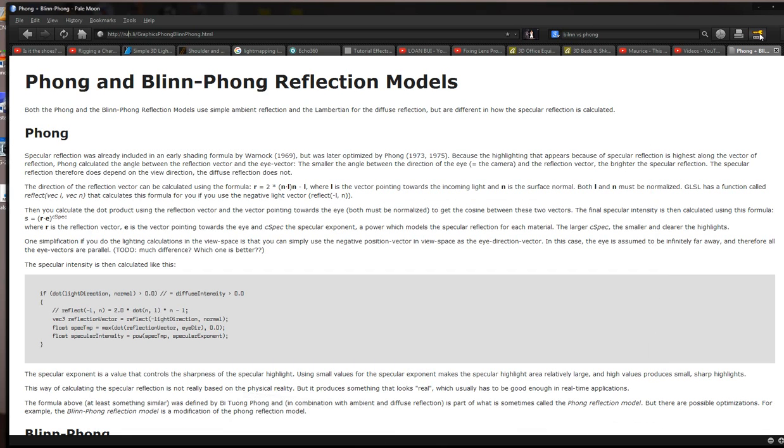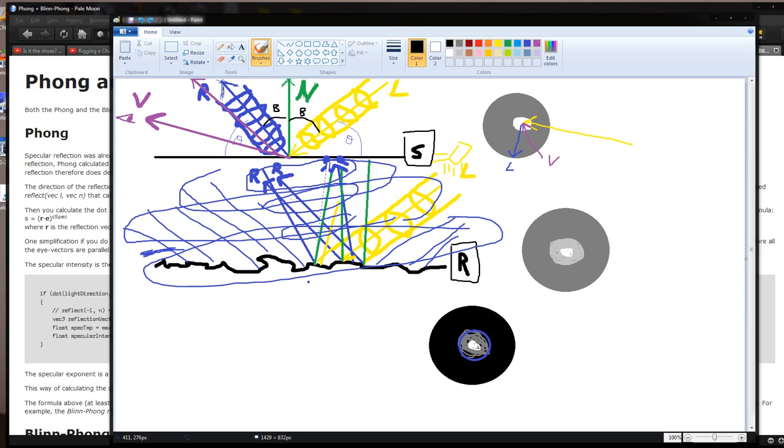Now, the Phong function, the Phong lighting model for specular, was created basically in the early 70s by Phong, and it's not a physically accurate lighting model, so it is actually able to, back to this messy sketch again, it's actually able to produce or reflect more light than what was incoming.